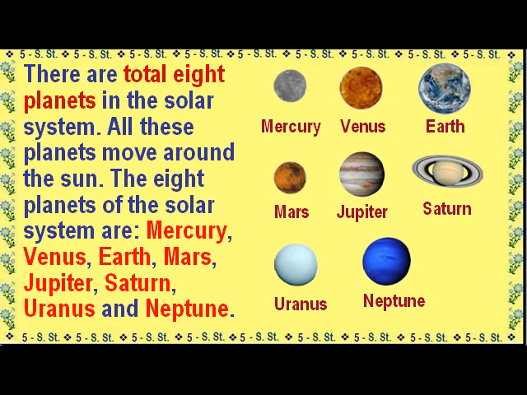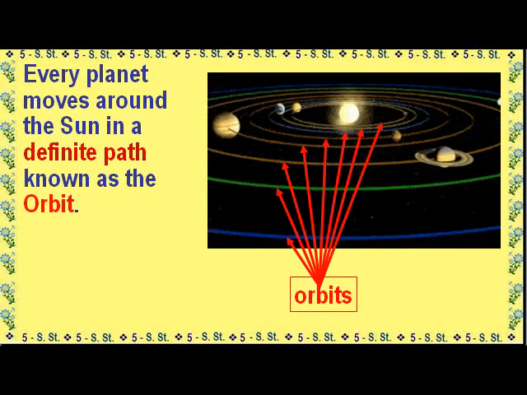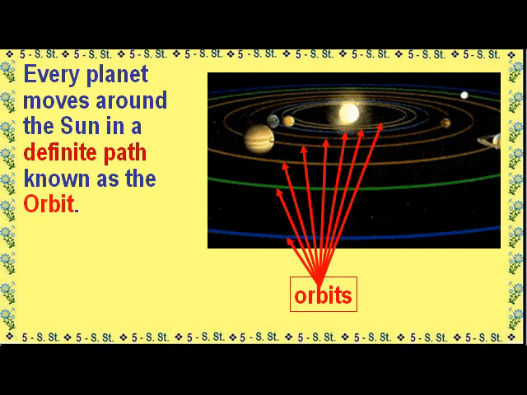All these planets move around the sun. The 8 planets of the solar system are Mercury, Venus, Earth, Mars, Jupiter, Saturn, Uranus, and Neptune. Every planet moves around the sun in a definite path known as the orbit.